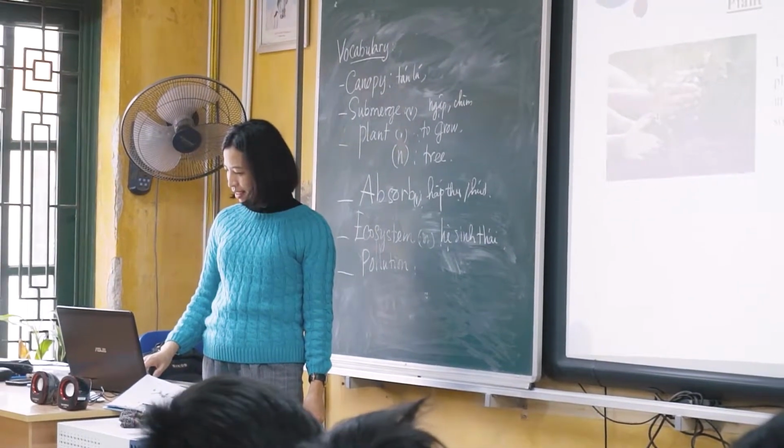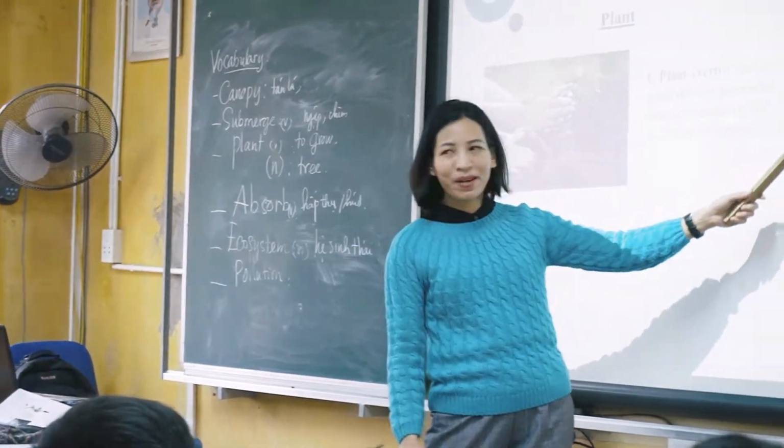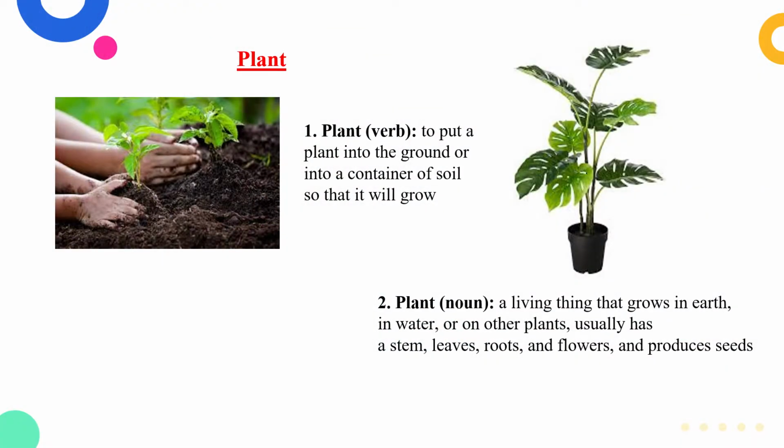If plant is a noun, we can see a plant. A plant is a living thing that grows in earth or in water. Plants usually have roots, stem, and leaves.